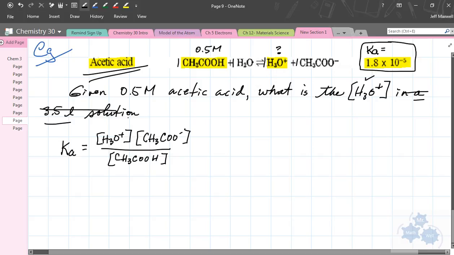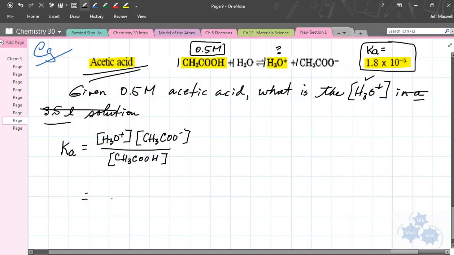All right, so let's take a look at what we're given here. The original concentration is 0.5 molars. So again, we don't have to use the volume to convert to moles per liter. So we can use this number. Now, where does this number go in the Ka? Where do I put it? Well, concentration of acetic acid is down here. See that?